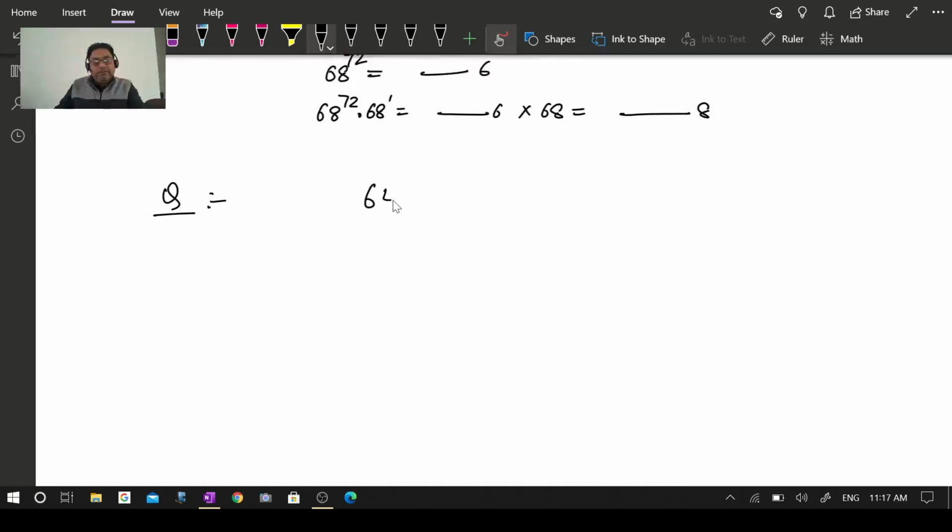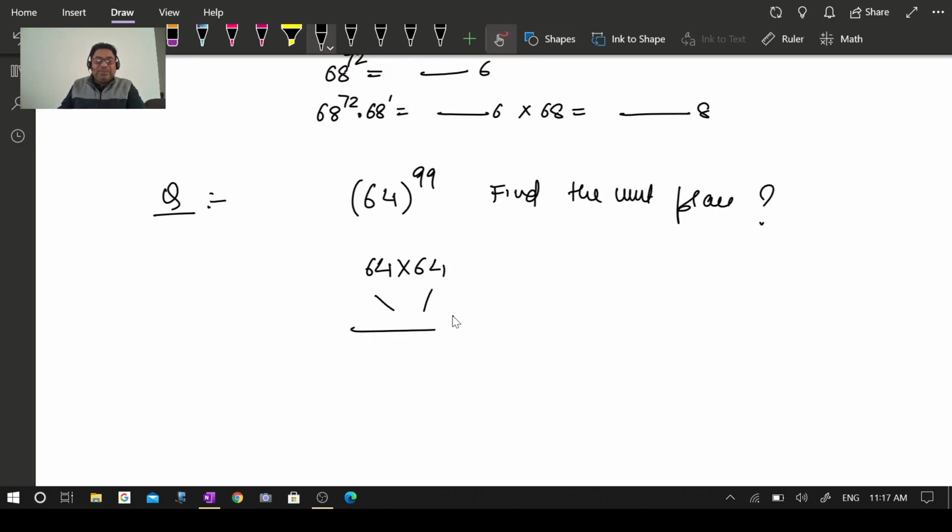What is 64 to the power 99? Find the unit place. So I say 64 into 64, and 4 4s are 16. Yes, it's working. 2 times you get your 6 at the unit place. So 64 to the power 2 gives you 6 at the unit place.